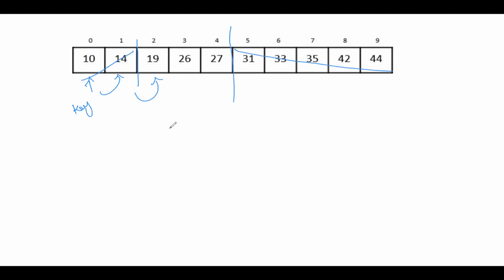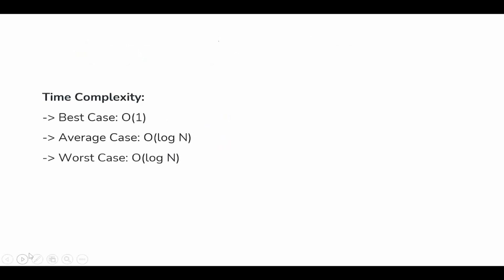But remember, it only works on a data set which is in ascending order. Hence, if your data set is not sorted, binary search will not work. In that case, you have to go for linear search. All right, I hope the difference between them is clear.